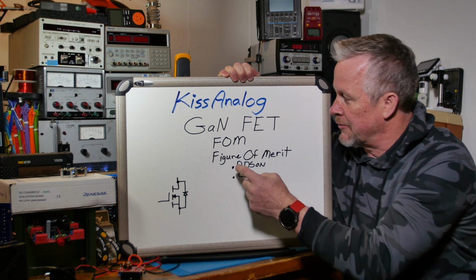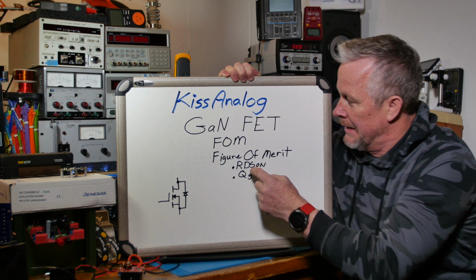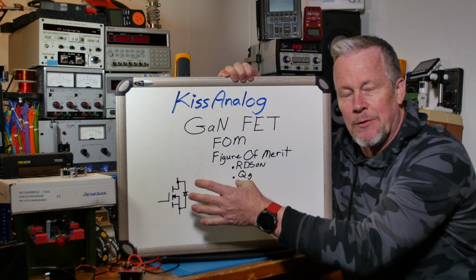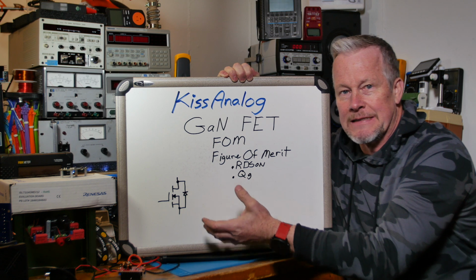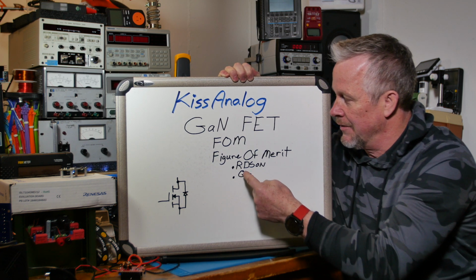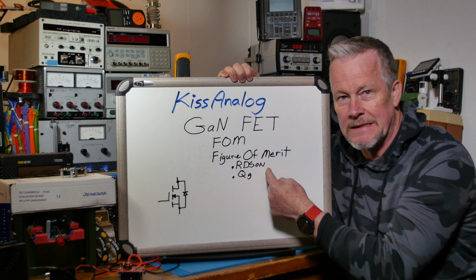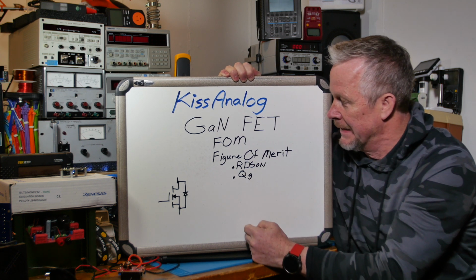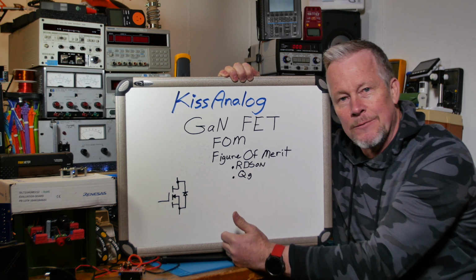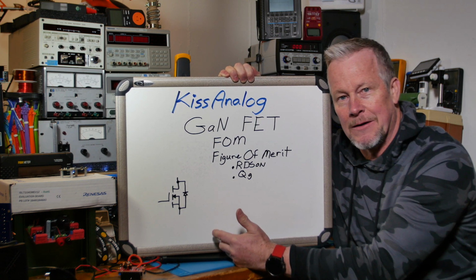The two main characteristics they use for the FOM is the RDS on, because when a FET turns on, you want it to be ideally 0 ohms, but there's some internal resistance, so that's the drain to source on resistance, RDS on.